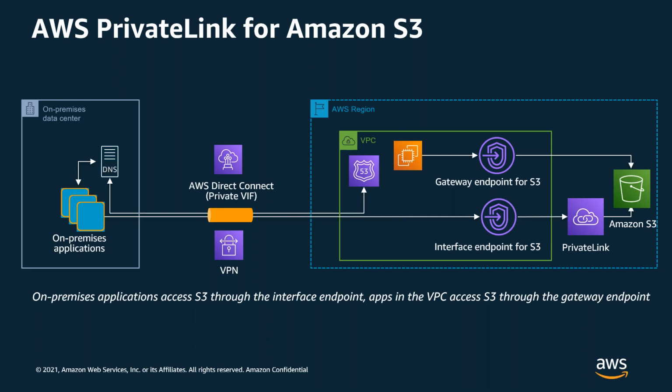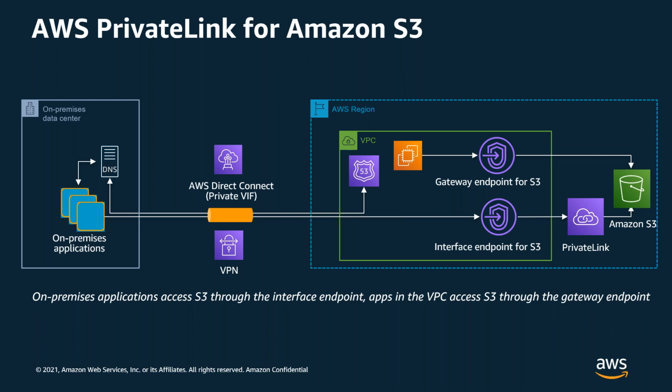An interface endpoint is nothing more than, think of it as a network load balancer: it has IP addresses, it's routable, and it's going to sit inside your AWS subnets. So as long as you have the proper routes from on-premises to your subnets, you should be A-OK there.